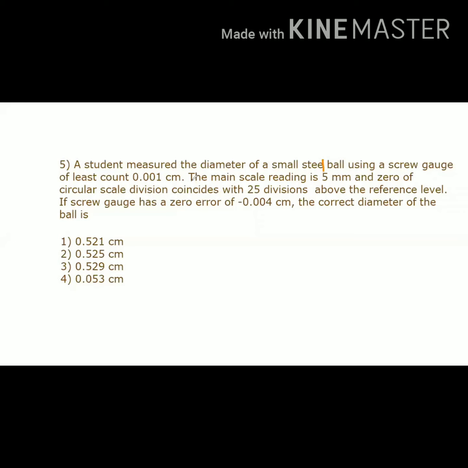The main scale reading is 5 millimeter and 0 of the circular scale division coincides with the 25th division above the reference level. When they say above the reference level, we automatically can assume this to be a negative error. If the screw gauge has a zero error of minus 0.004 centimeters, the correct diameter of the ball will be.